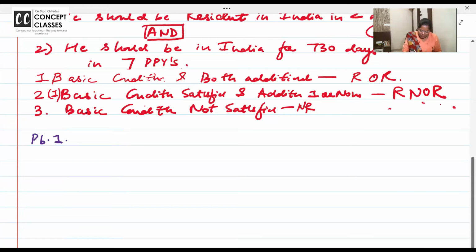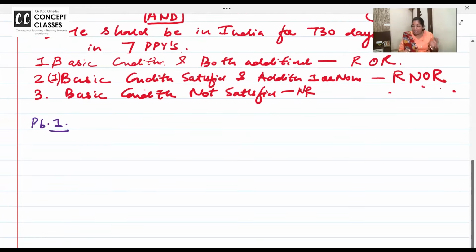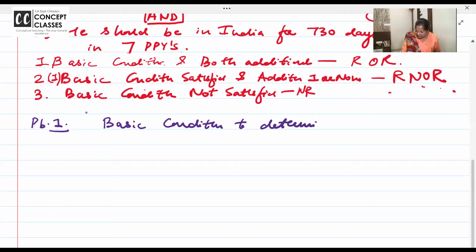Problem number 1. How your answer should start? Because you have to determine the residential status of Mr. Blair, you have to write the basic condition. Basic conditions. To determine, you have to write like this. This is answer.